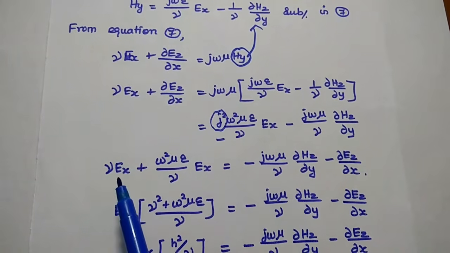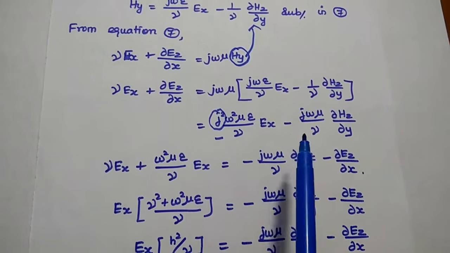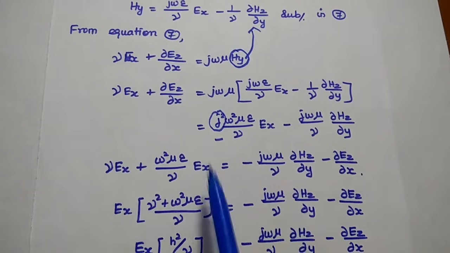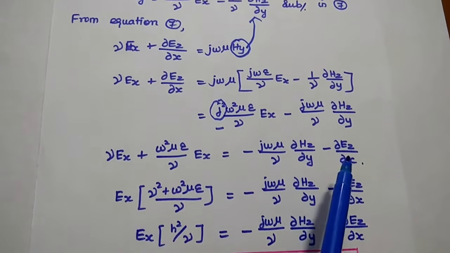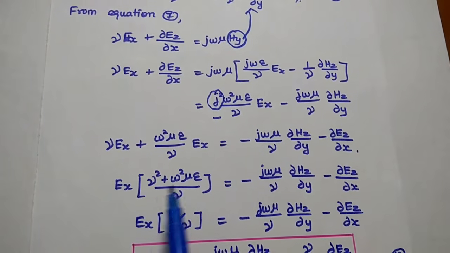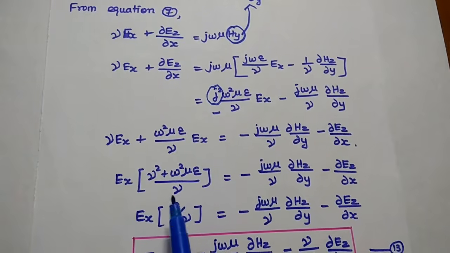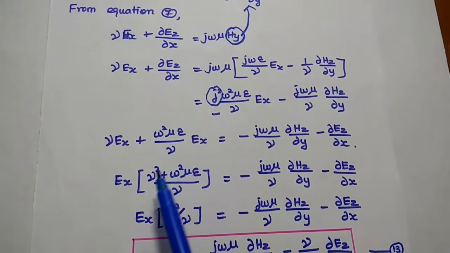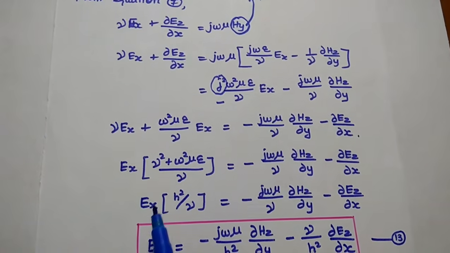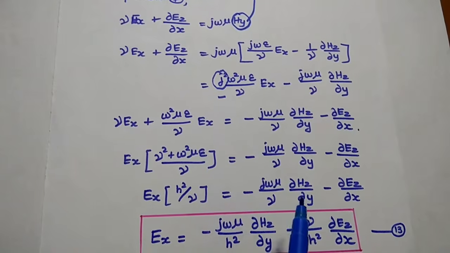We get gamma Ex plus omega squared mu epsilon by gamma Ex is equal to minus j omega mu by gamma dou Hz by dou y, and this term becomes minus dou Ez by dou x. Here we take Ex as common. Then this term becomes gamma squared plus omega squared mu epsilon by gamma. As we all know, gamma squared plus omega squared mu epsilon is nothing but h squared, correct? So here it becomes Ex into h squared by gamma is equal to this term.